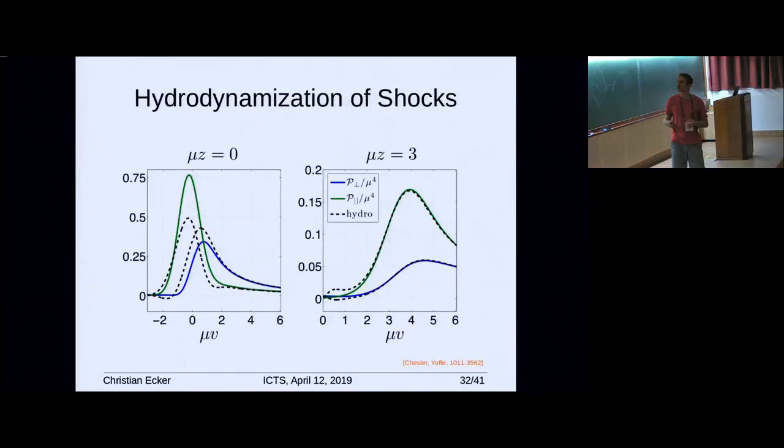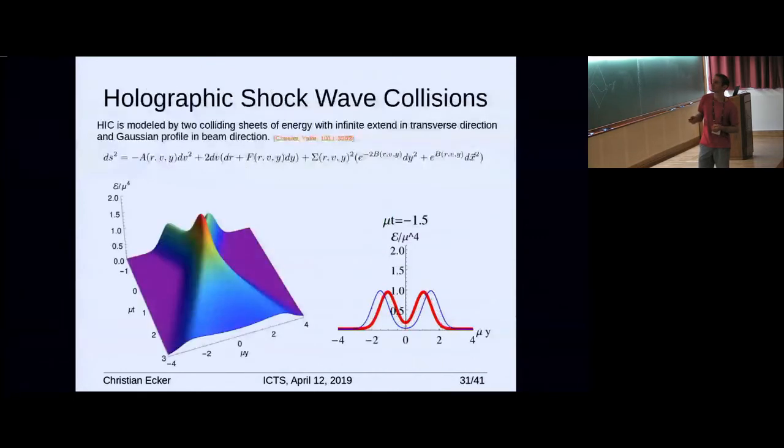So maybe the most important finding of these kind of simulations was that the time evolution of the stress tensor follows the time evolution of viscous hydrodynamics already when the pressure anisotropy is very large. This is what you see here on the left plot. This is the pressure in the longitudinal direction and the pressure in the transversal direction in the central range.